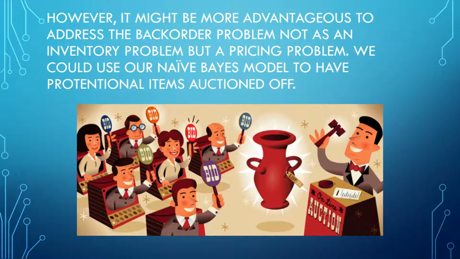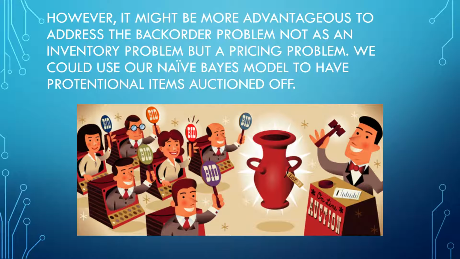So another thing to look at, rather than just saying, okay, as a business, we want nothing to go on back order. From the literature, one of the best options that you have to prevent an item from going on back order is to issue or sell something by auction. Okay, recall that the naive Bayes model had a very good recall for items going on back order.